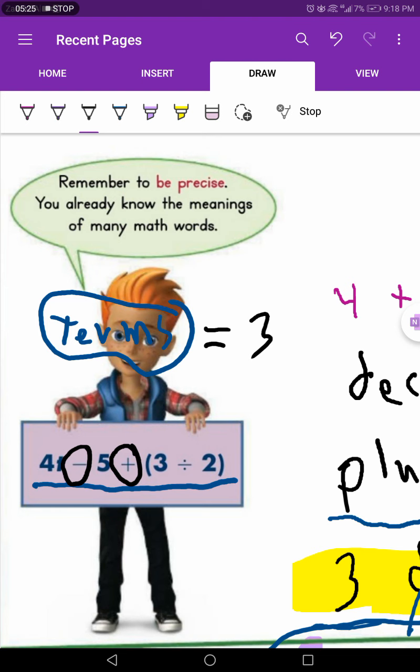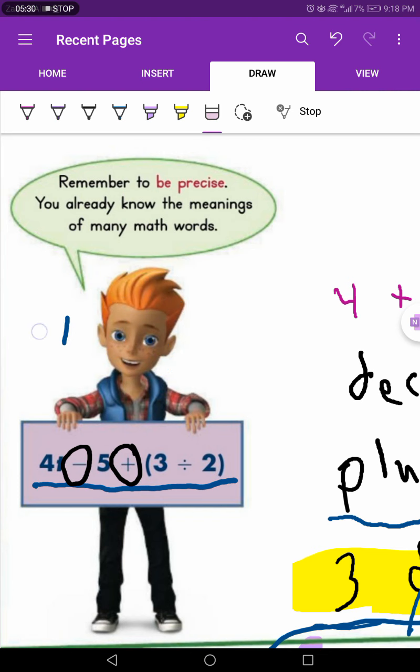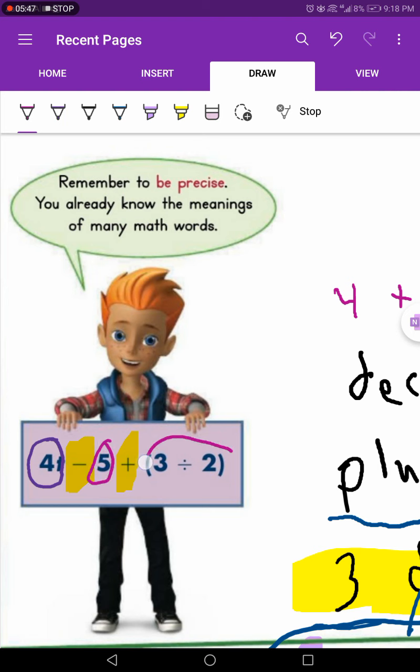What are the terms here? First of all, I get how many terms. I look for how many plus and minus. Then the terms are 1, 2, 3. So the terms come from how many operations I find in the expression, plus or minus, then add 1.